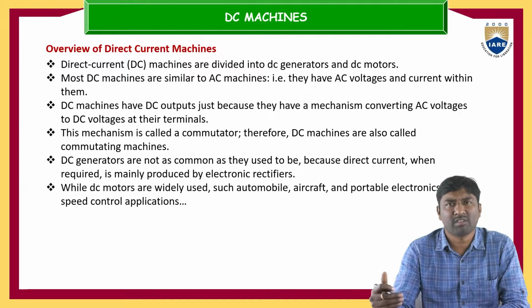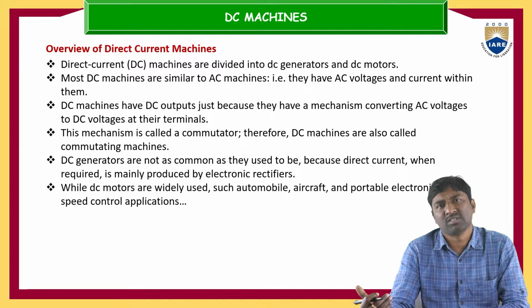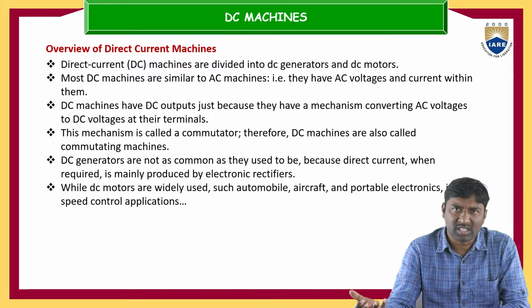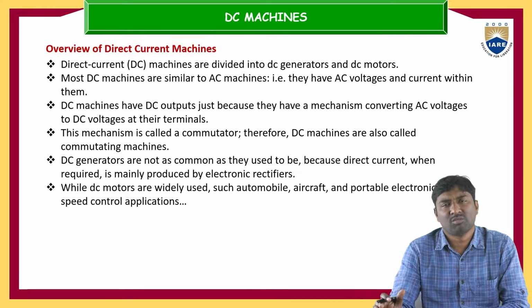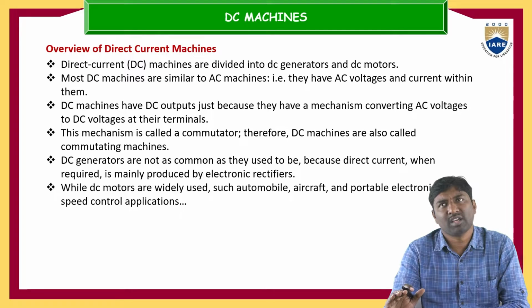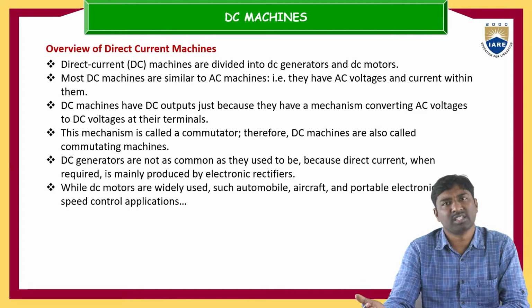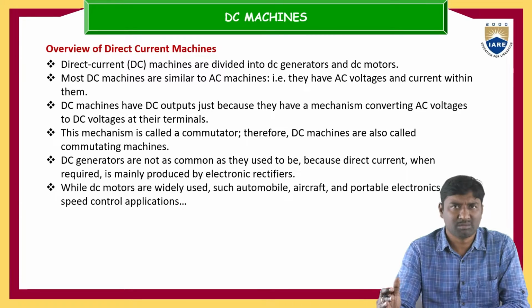Wherever we have applications, we use DC generators as well as DC motors. So the DC machines are mainly divided into two: the DC generator and the DC motor. Why do I call them direct current machines? Because we are giving DC, that's why they are called direct current machines.